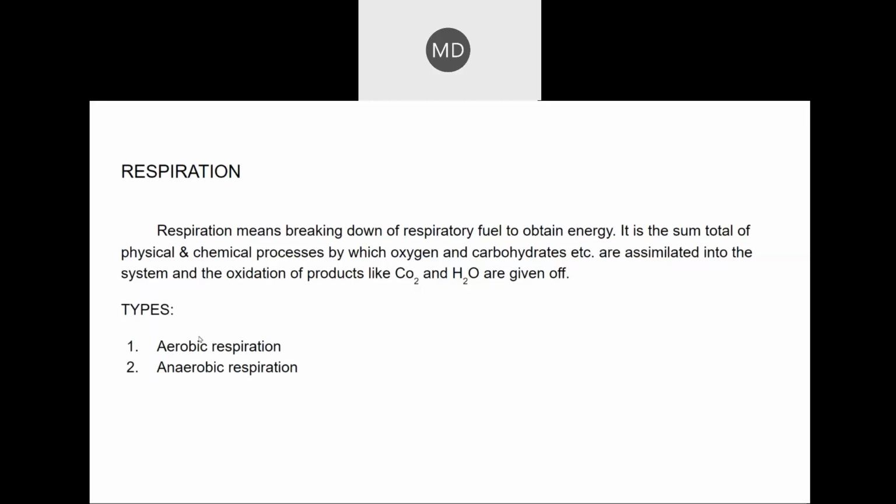Now, types of respiration. There are two types of respiration, aerobic respiration and anaerobic respiration. So what is aerobic and anaerobic?